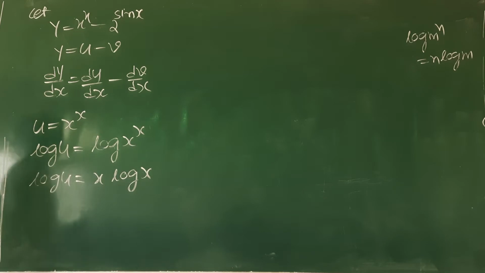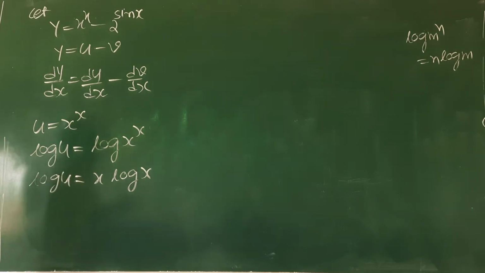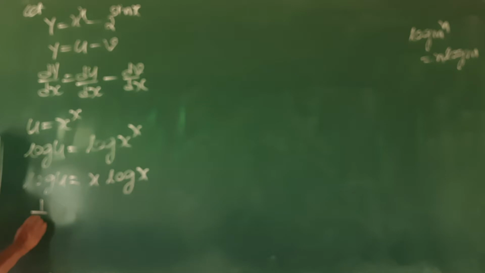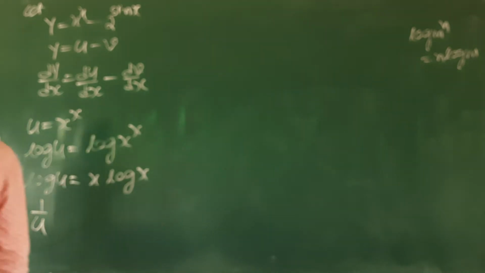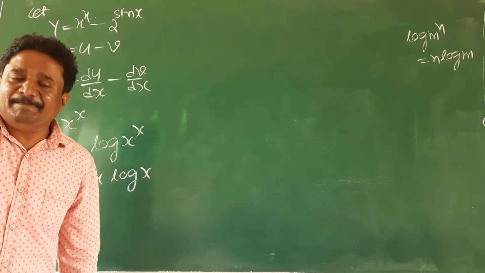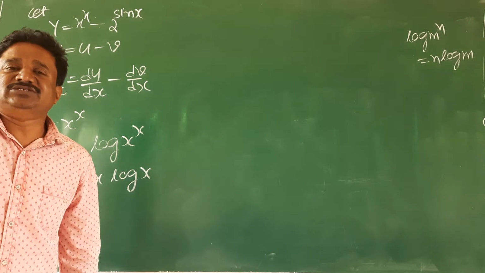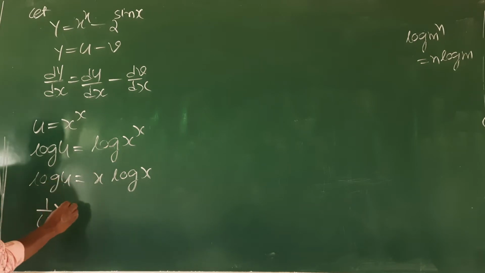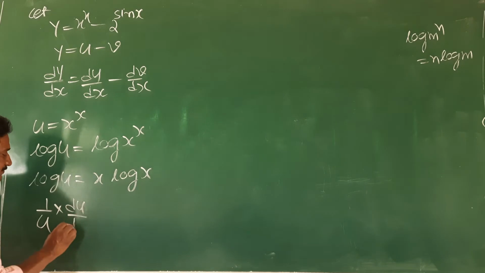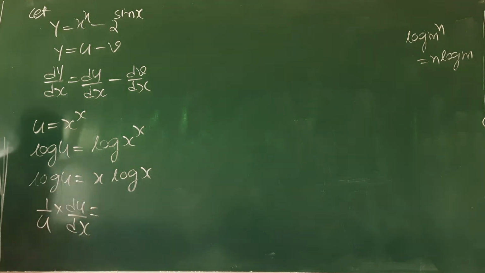Now you differentiate. Now this is the correct step to start our differentiation. Differentiation of log u is 1 by u, and again you differentiate u, so du by dx.